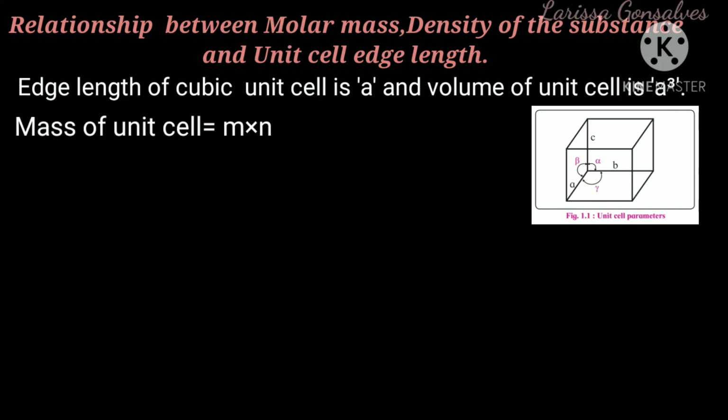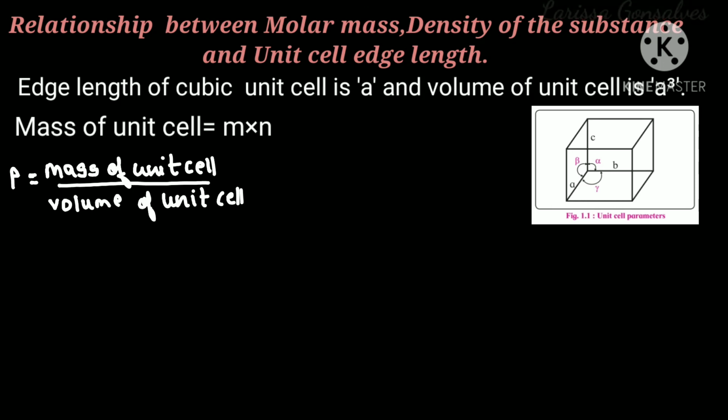The density of the unit cell, which is represented by rho, is the same as the density of the substance. So rho is equal to mass of unit cell divided by volume of unit cell. We already have mass of unit cell, that is m × n, and the volume is a³, and this is equal to the density of the substance.